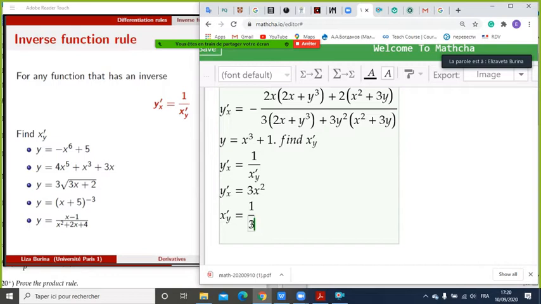Okay, here is the moment. I'm going to write 3y squared. Why? That's just because of my notation.